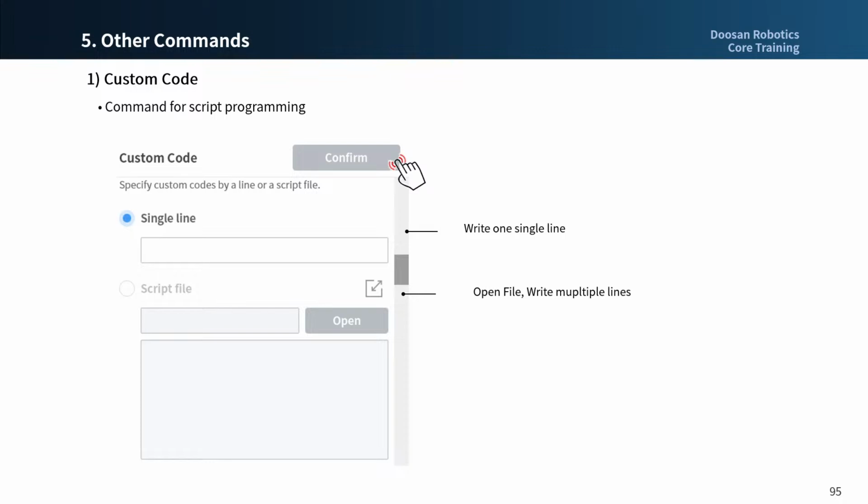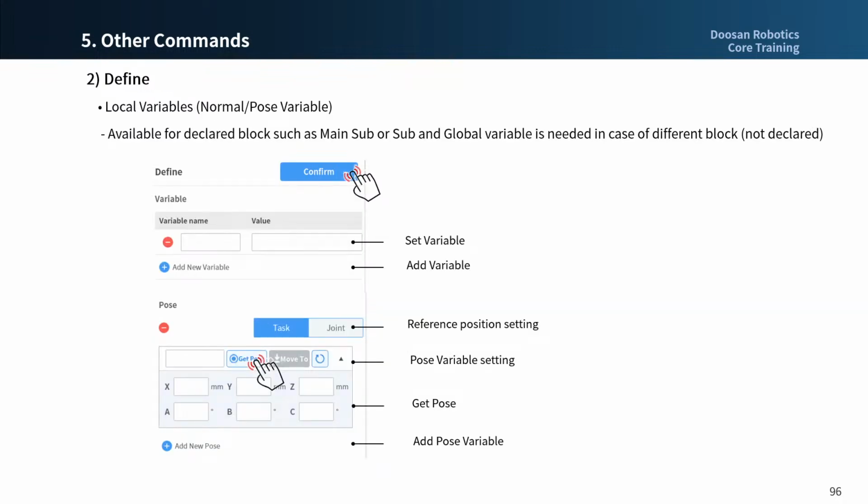And the custom code is for using script programming. This option is used to create a single line, load an existing script file, or enter multiple lines as described earlier. And the variable declared in the define command is a local variable that is available within the sub or main sub block where it is declared.